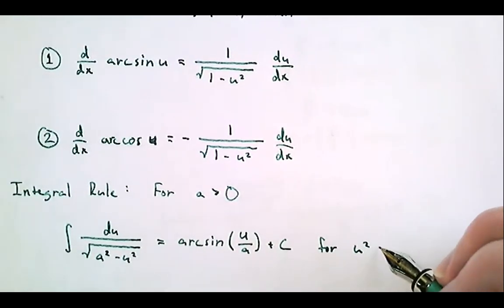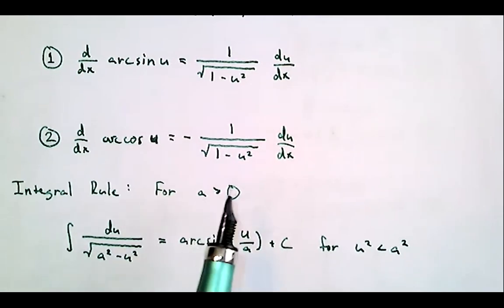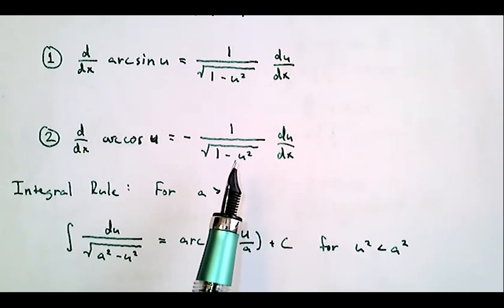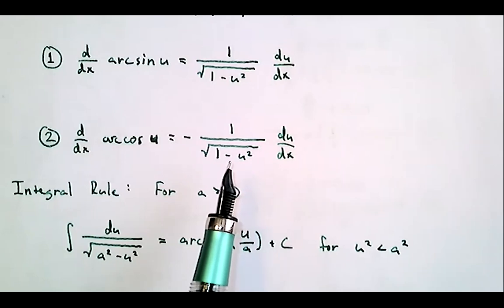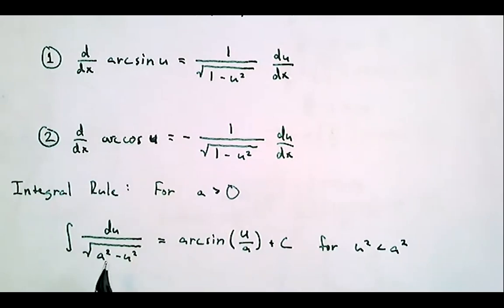And then there's this technical detail that I need to include, that u squared should be less than a squared. And this goes back to the fact that the value of u should really stay between -1 and 1 here. But when I have an a squared, it needs to stay between minus a and positive a.